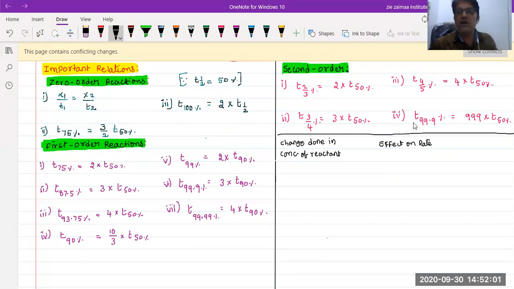Depending upon this, we can simply write the order with respect to the reactant, isn't it? Let us know about this column now.